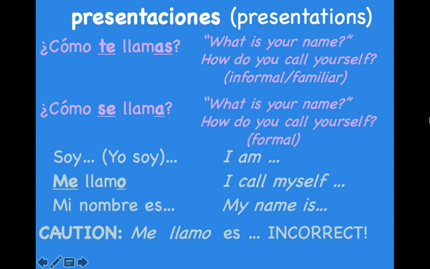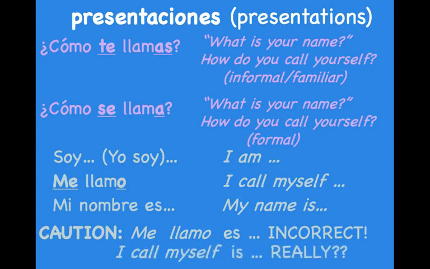So if you say me llamo es, you're saying I call myself is. Really? Is that how you want to sound in Spanish? So pick one of the three, soy, me llamo, or mi nombre es, and stick to just that. Don't mix and match and put different pieces together because it just really won't sound right.